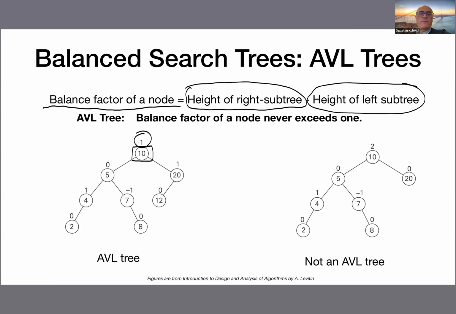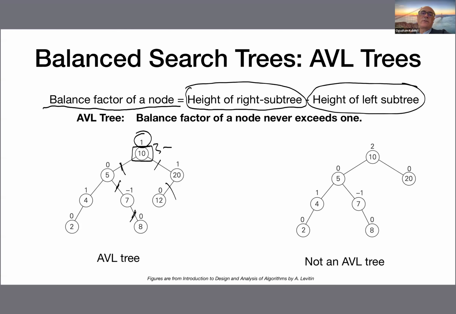In other words, from the node that you are investigating, what is the number of steps you need to reach the leaf node? It is 3 here. And what is the number of edges you need to reach a leaf on the right side? It is 2.